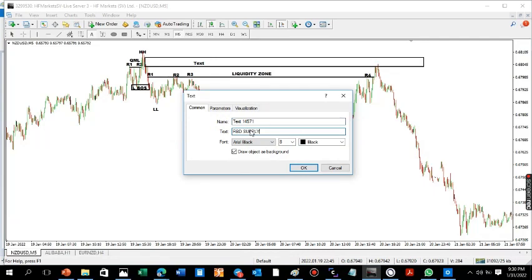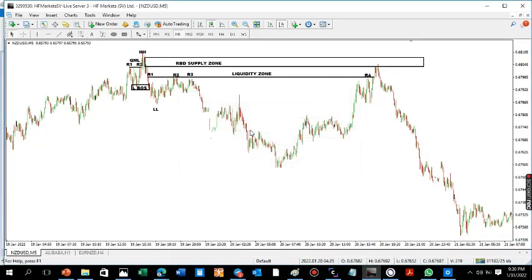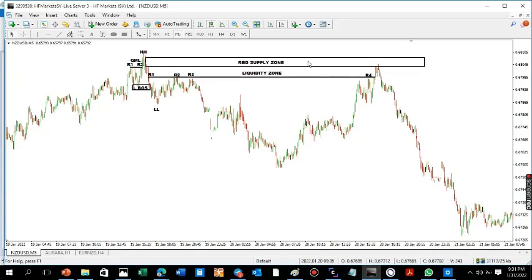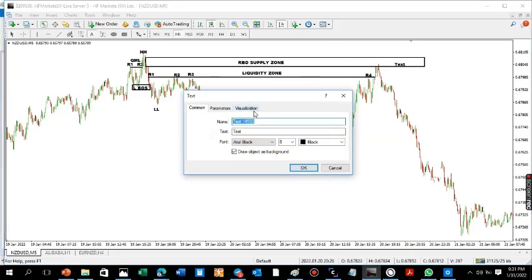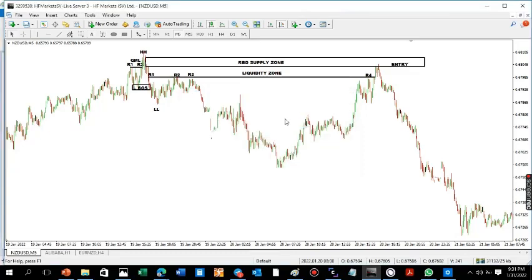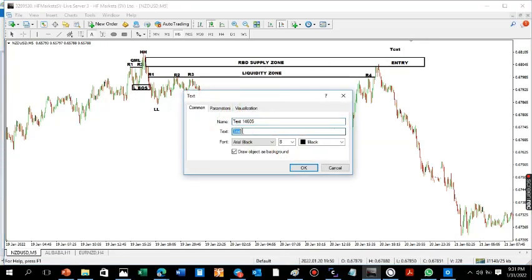Okay, so this is our rally base drop supply zone, a very, very nice one. And look at how accurate this was. And our entry is right there.